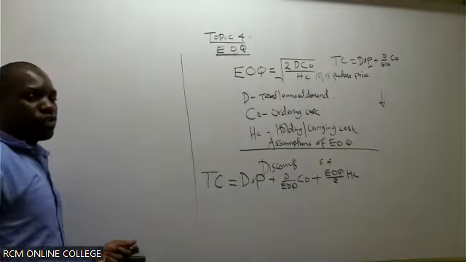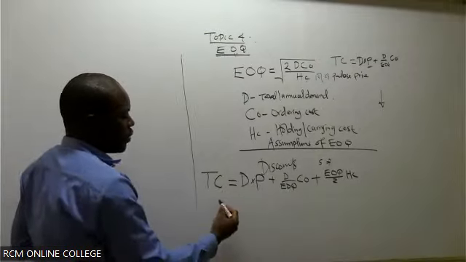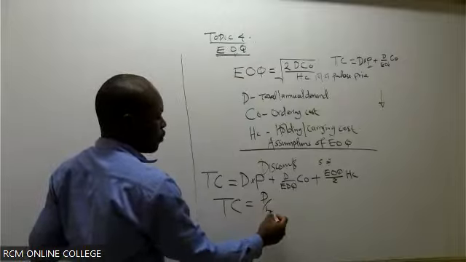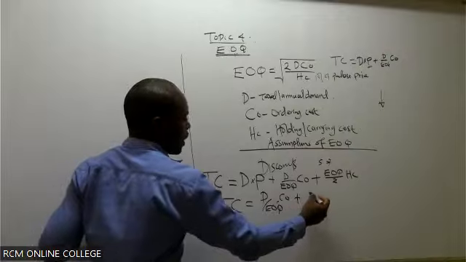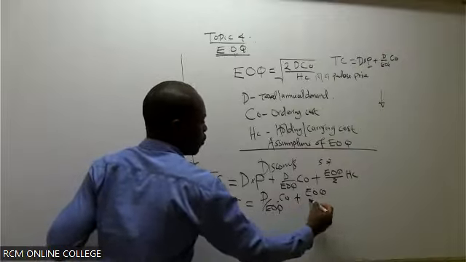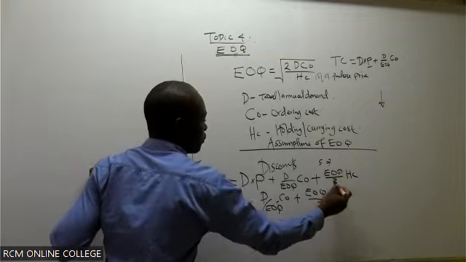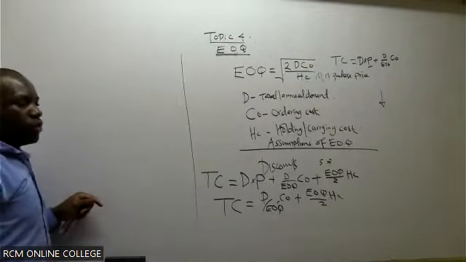Should you get a question whereby the purchase price is not given, then automatically your total cost will still be demand over economic order quantity multiplied by ordering cost plus economic order quantity divided by 2, then you multiply by holding cost. Why do they assume this?